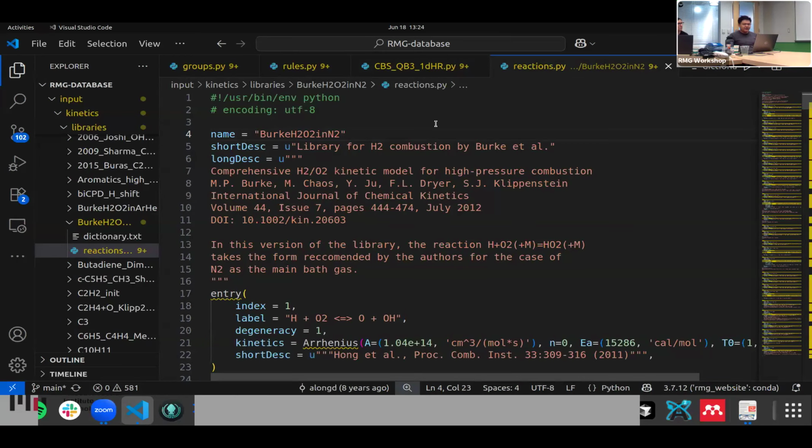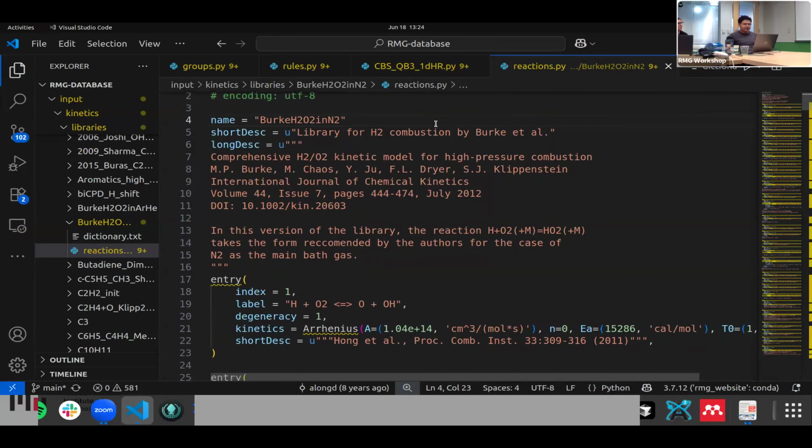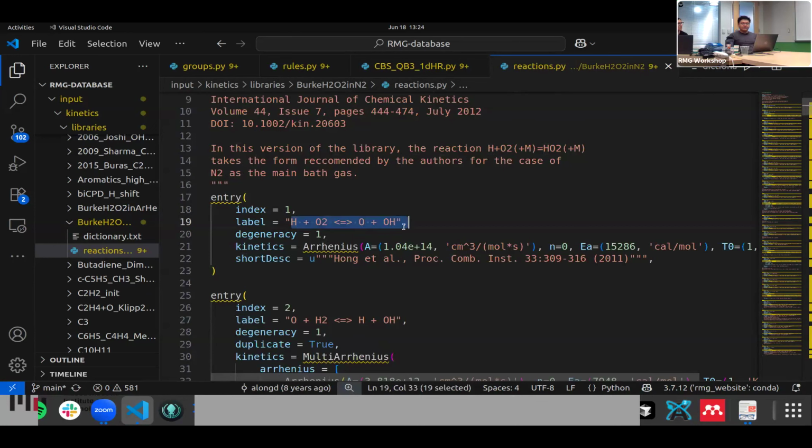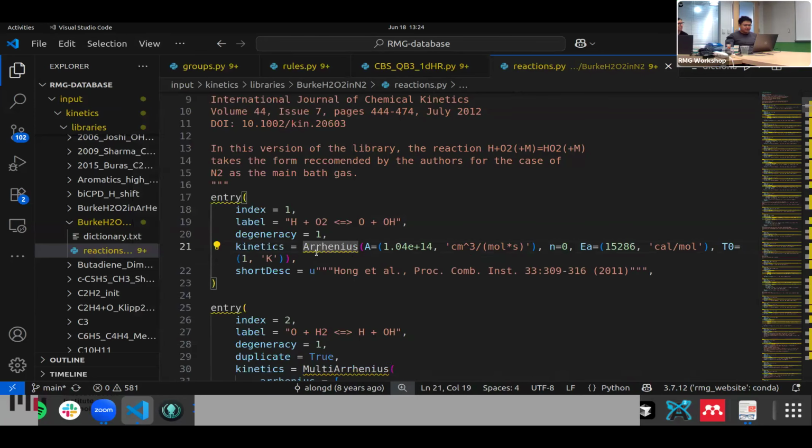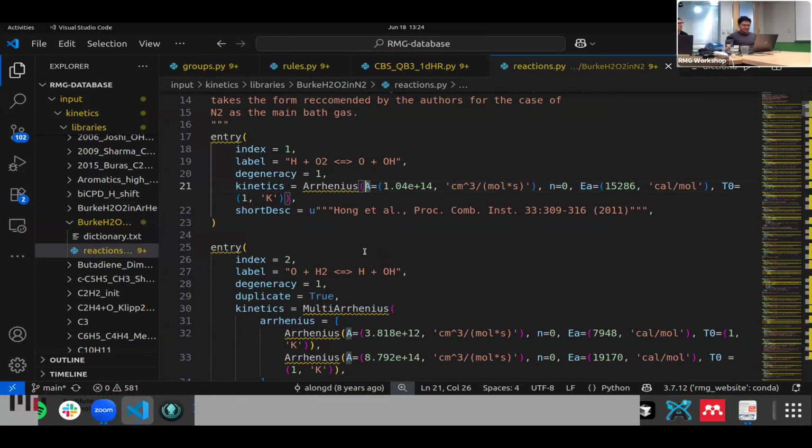This is a kinetics library, and you can see here it looks a little different. For one, the label doesn't have adjacency lists anymore, it just has labels. And we define the kinetics here. Here we just described an Arrhenius rate, for example.